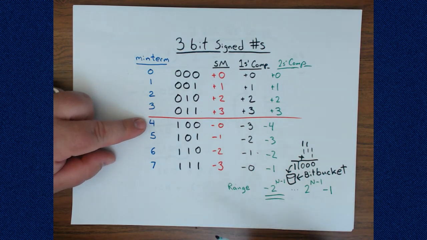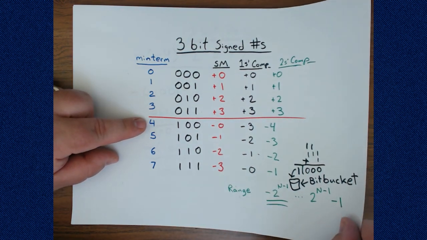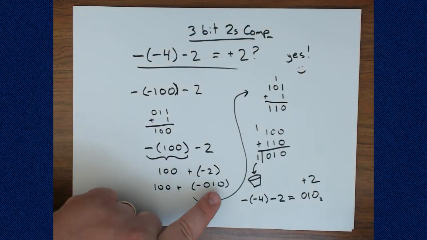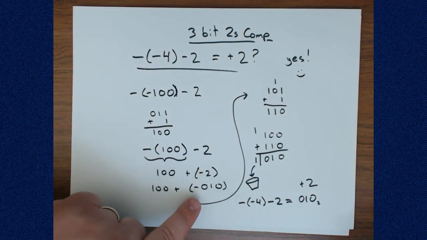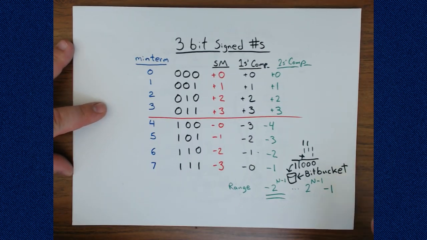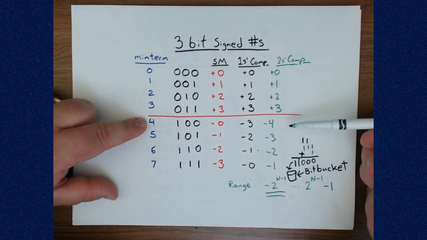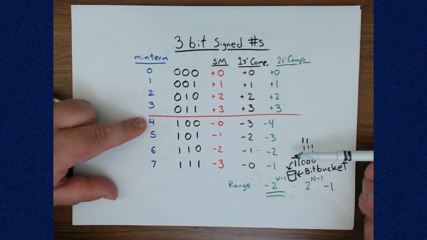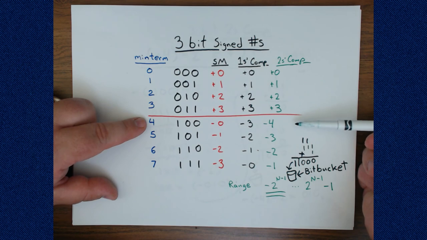So before we went through all this math of converting the 2 into its binary pattern and then negating that by flipping all the bits and adding 1 and so on. But one of the nice things about 2's complement was that incrementing goes down in our minterm rows and decrementing goes up.